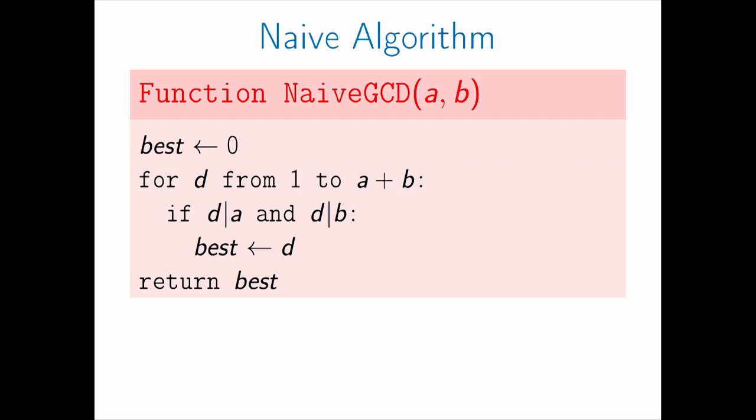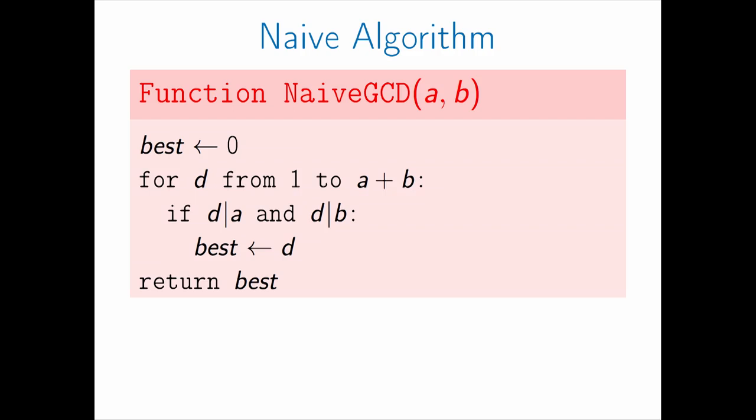This just remembers the biggest thing we've seen so far. We then let d run from 1 to a plus b, since this is the range of numbers that are valid. Now, if d divides a and d divides b, well, since d is increasing, this has to be the new best that we've seen. So we set best equal to d, and then at the end of the day, we return the best thing we've seen. So that's a perfectly good algorithm.